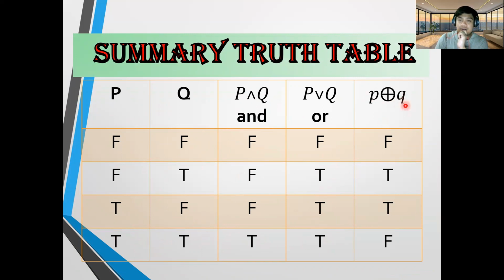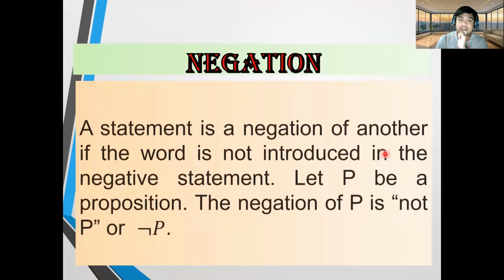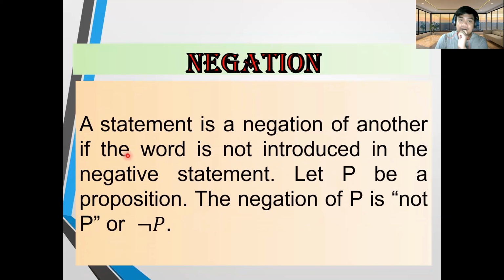For our exclusive or naman, kailangan magkaiba sila ng truth value. Kailangan isa sa kanila is true. So you have false, true, kaya true ito. We have true, false, kaya true ito. And then we have true, true, that is equal to false kasi they are the same. True with true, false. False, false. It is false.